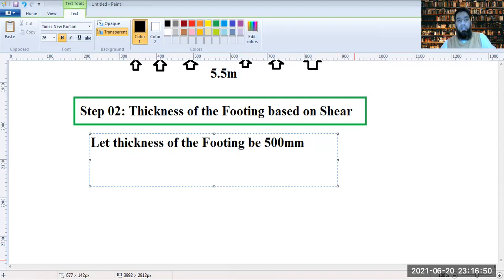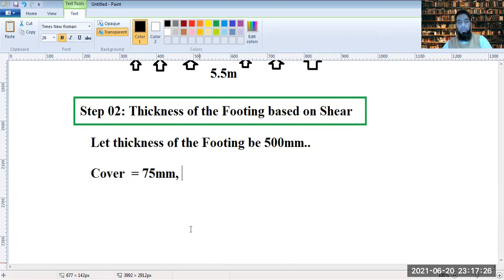Then in that case, this is the overall thickness of the footing. The cover is generally taken as not less than 30 for footings, but it's usually taken on the higher side. Let's take 75 cover. That's a clear cover for the footings.